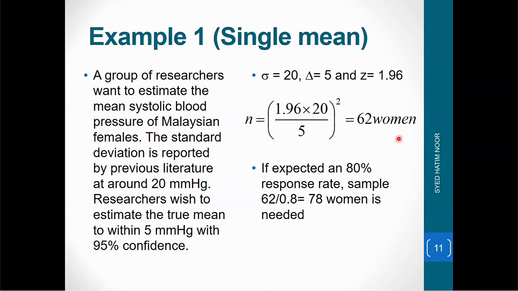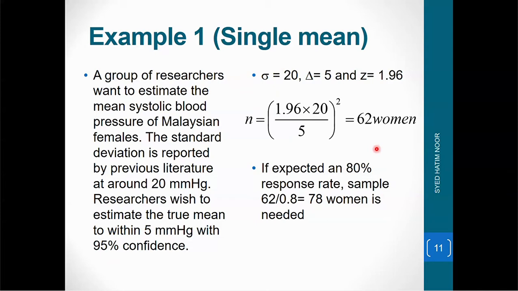Remember, when you get the sample size, you have to add 10 to 30% for dropout rate. What does dropout rate or non-response rate mean? Sometimes in your study there are missing data. For example, you take your data from the medical record or registry, so you do not involve the patient directly.